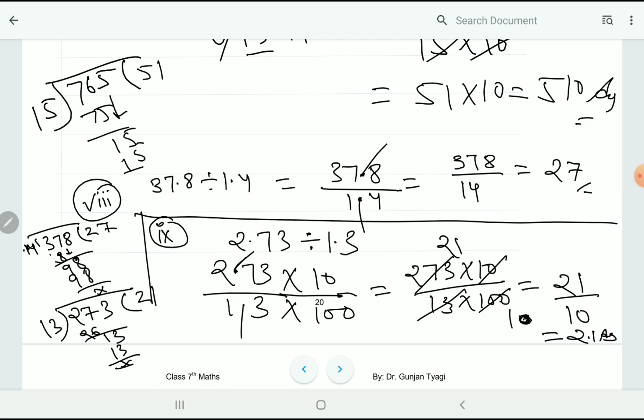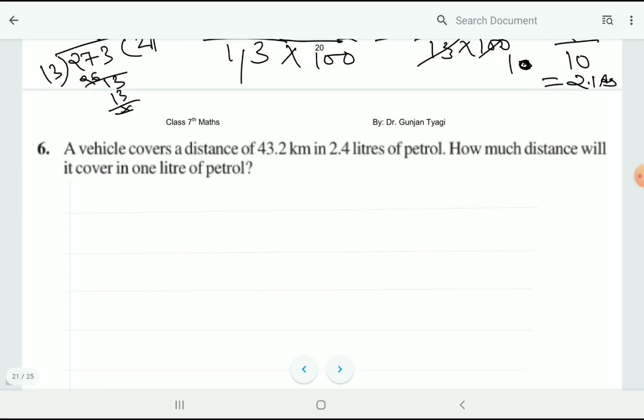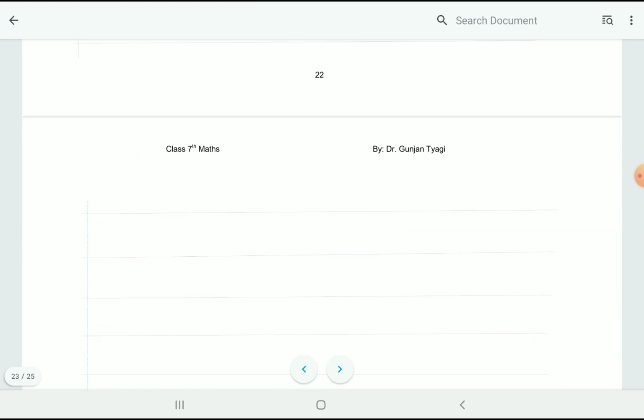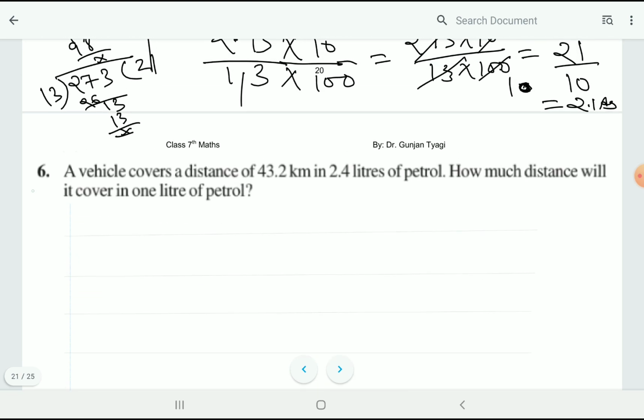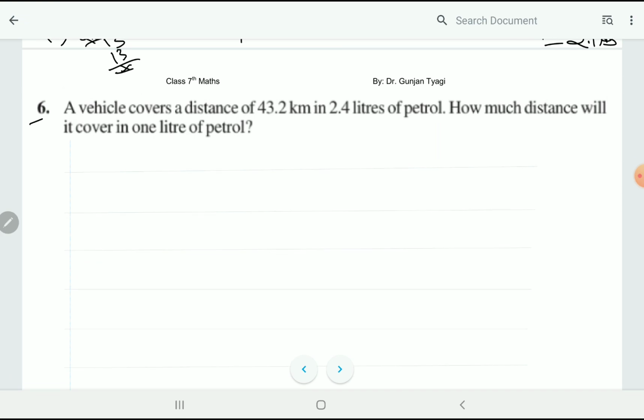Question is done. Let's move ahead and do the next and last question of this chapter, question number 6. With this we will finish the chapter fractions and decimals. Let's do the last question. A vehicle covers a distance of 43.2 kilometer in 2.4 liter of petrol.